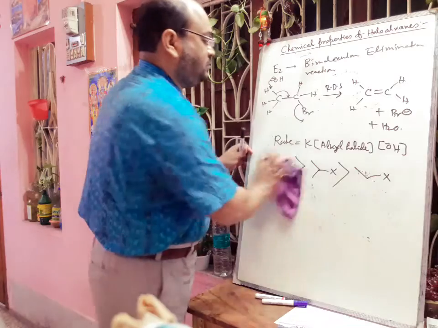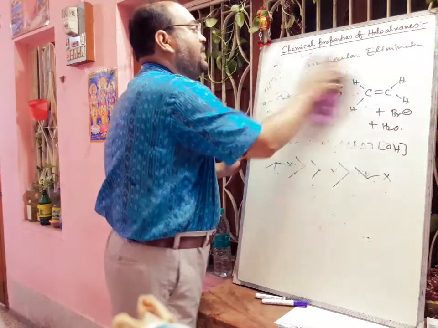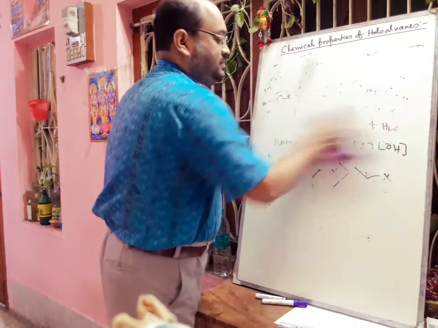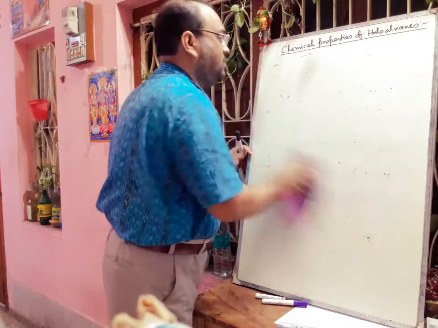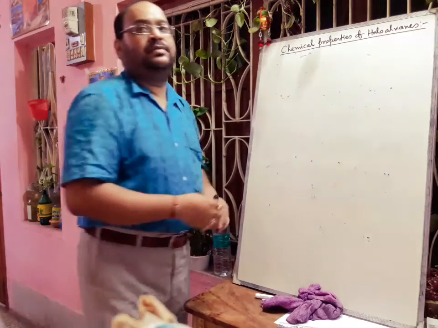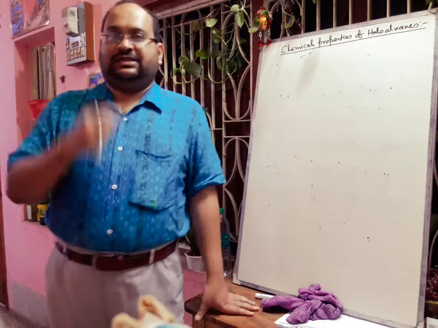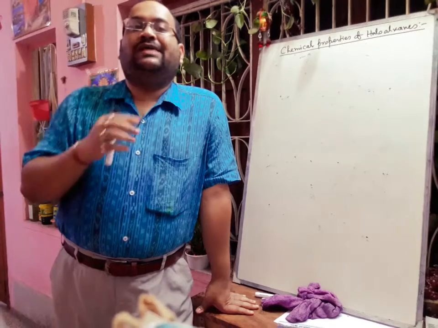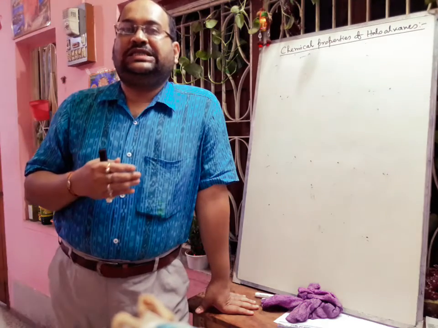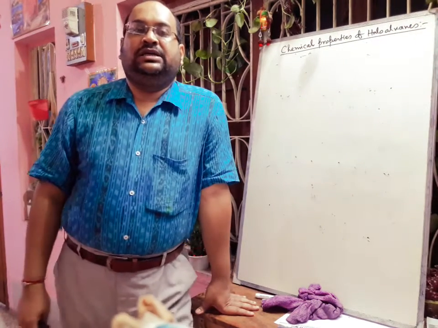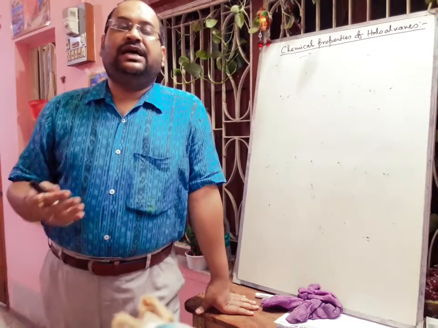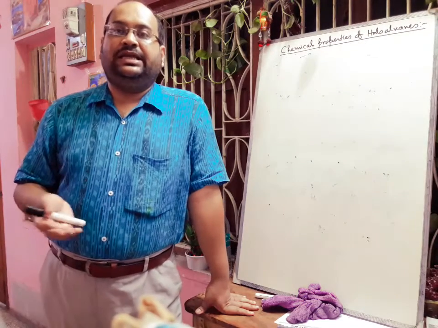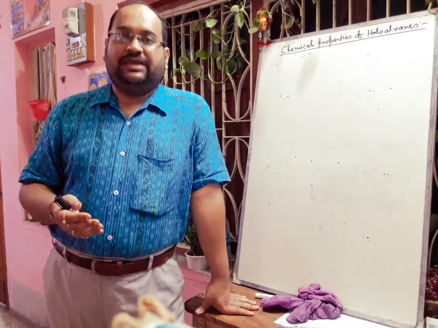Next, we will discuss the structure of the halides. If the structure is a tertiary alkyl halide, it will favor elimination reaction. If the alkyl halide is primary, it will favor the substitution reaction.